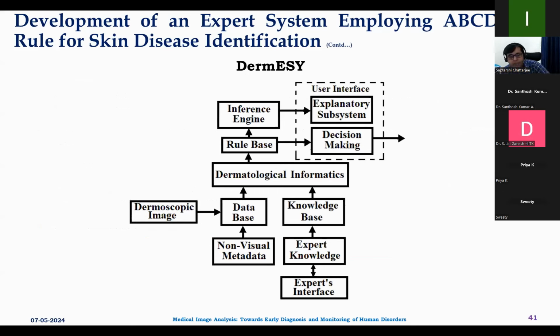That's why we have made an expert system called DERMEASY, a dermatological expert system, where we have collected some information from the dermatologists and developed algorithms to get the segmentation, to get the border image, to extract different colors, and then we follow exactly what they usually do to determine those ABCD parameters, right?